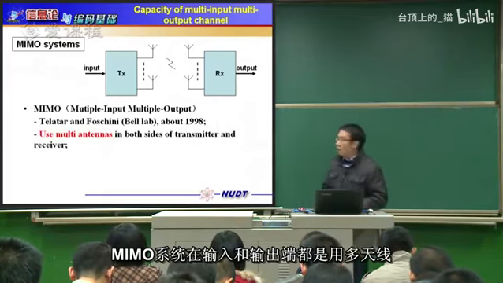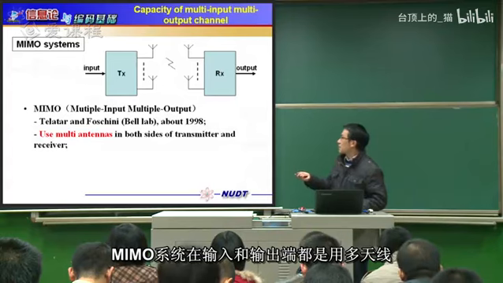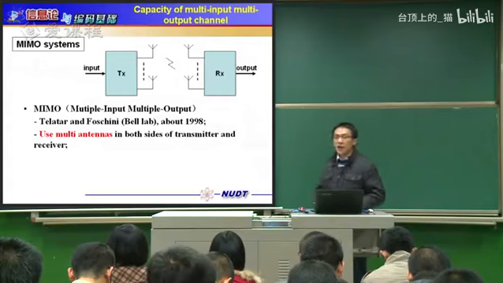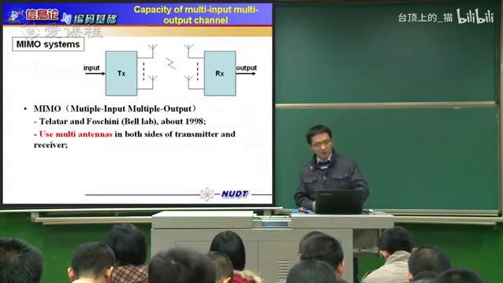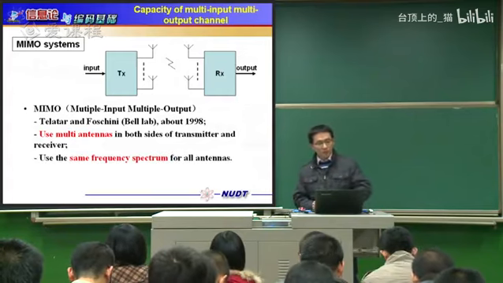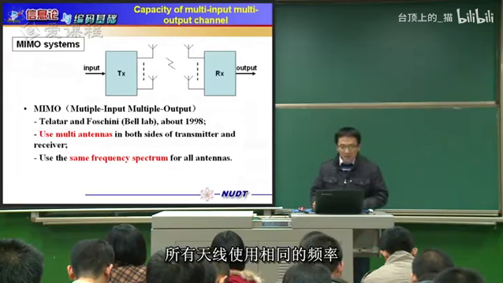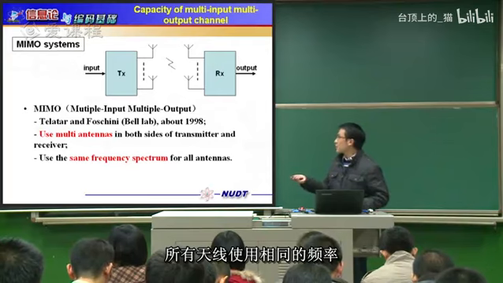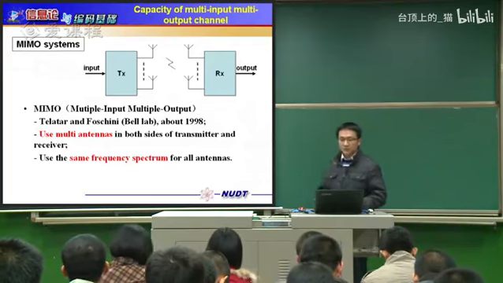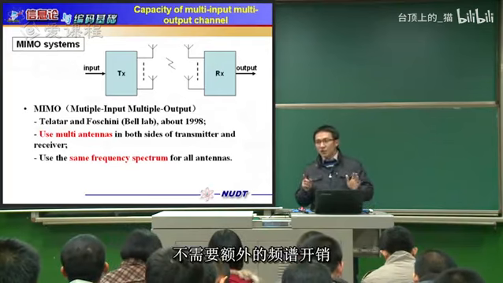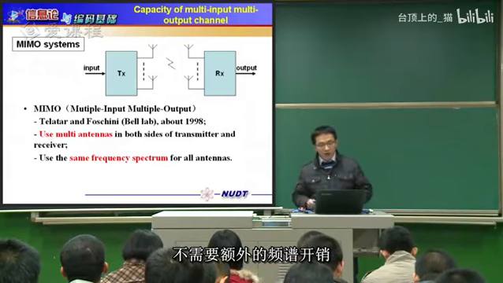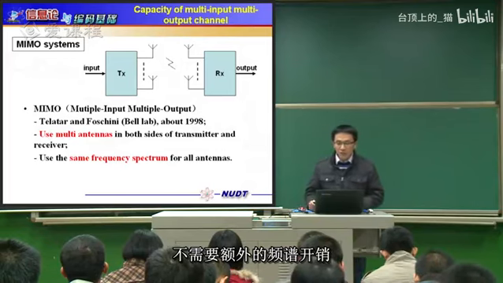And MIMO is to use multiple antennas at both sides of transmitter and receiver. And at the same time, all the antennas use the same frequency spectrum, so there's no extra frequency spectrum needed.